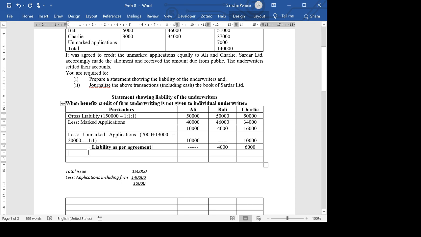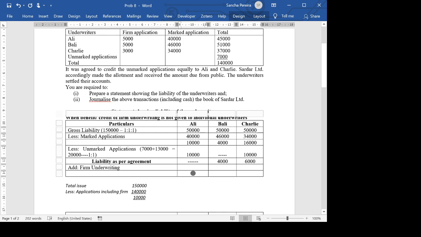Okay. To this we add firm underwriting. The firm underwriting, just to know the total of each one, is 5, 5 and 3. And then we have the net liability.